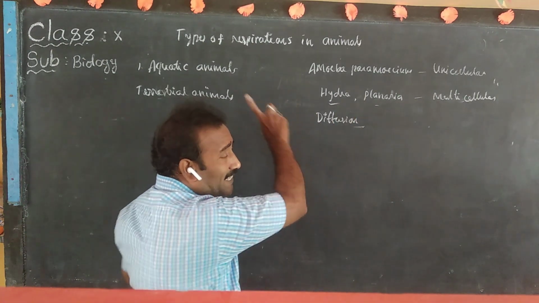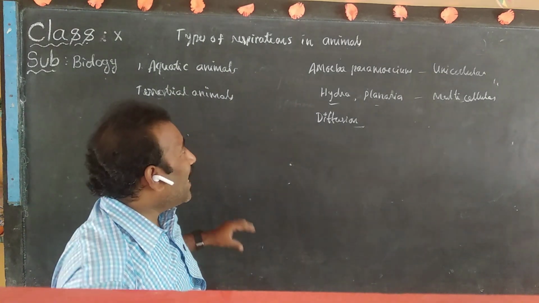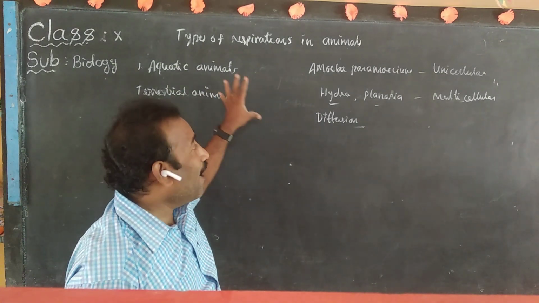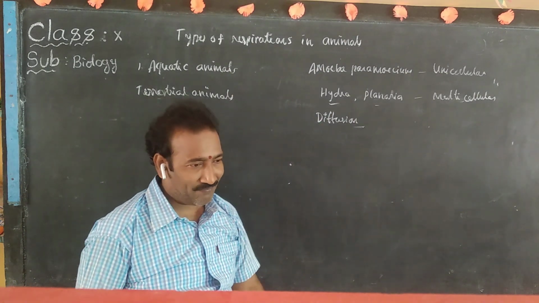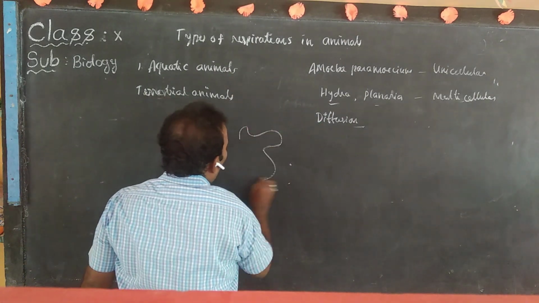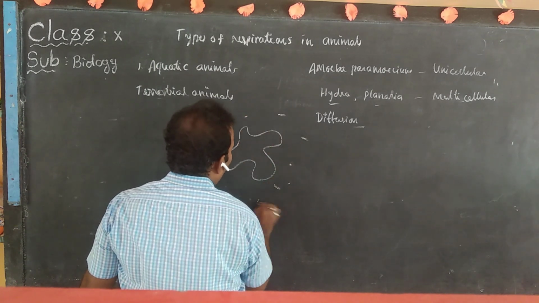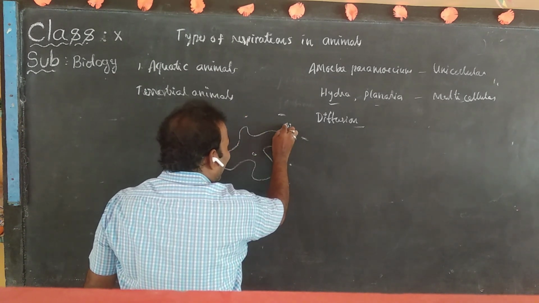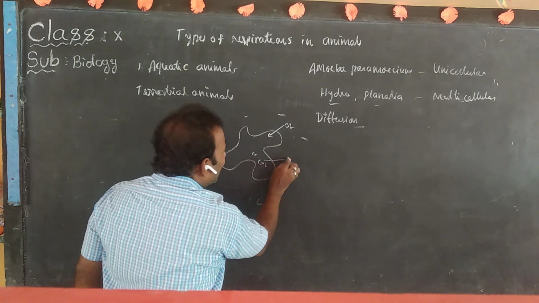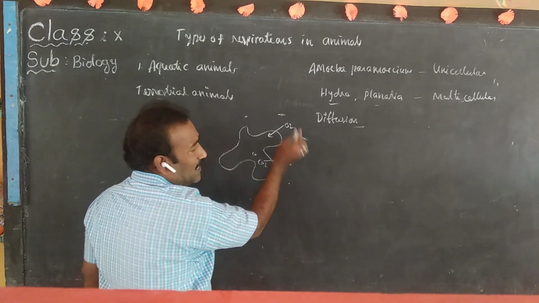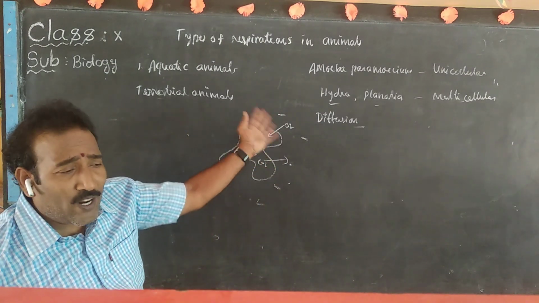They have no special respiratory organs. Why? They have only a few cells in their body. All these cells are in direct contact with the surrounding water. Amoeba lives in water. That's why oxygen directly diffuses into their cytoplasm, and CO2 also directly diffuses out from the cytoplasm to the surrounding water, because they have only one cell.